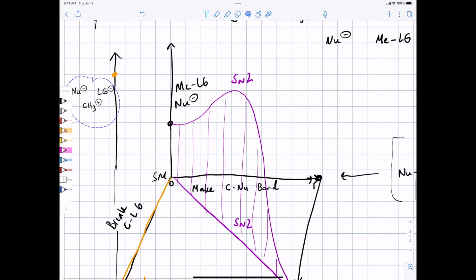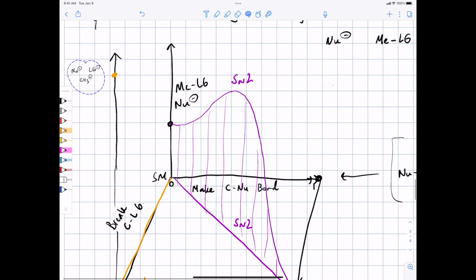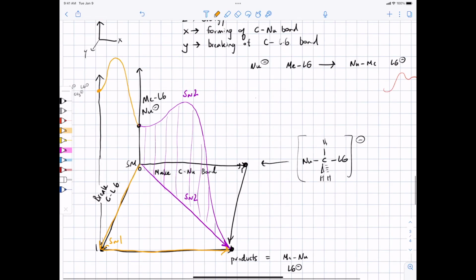And we can draw the reaction pathway from starting material through some high energy transition state that is carbocation-like to get to our intermediate. And again, you have to imagine this as sort of being aligned along the y-axis.